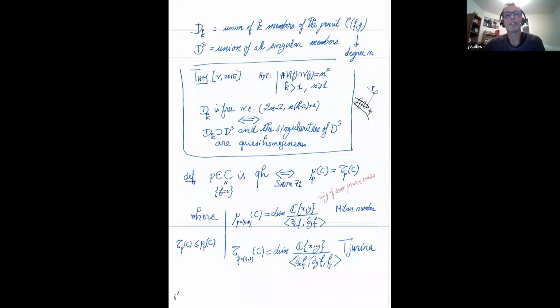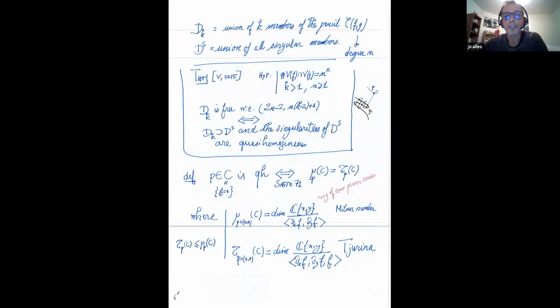So let me make precise what I mean by quasi-homogeneous. A singular curve will have a quasi-homogeneous singularity at a point P if and only if the Milnor number of the curve at this point coincides with the Tjurina number of this point at P. Both numbers are defined as written on the slide.